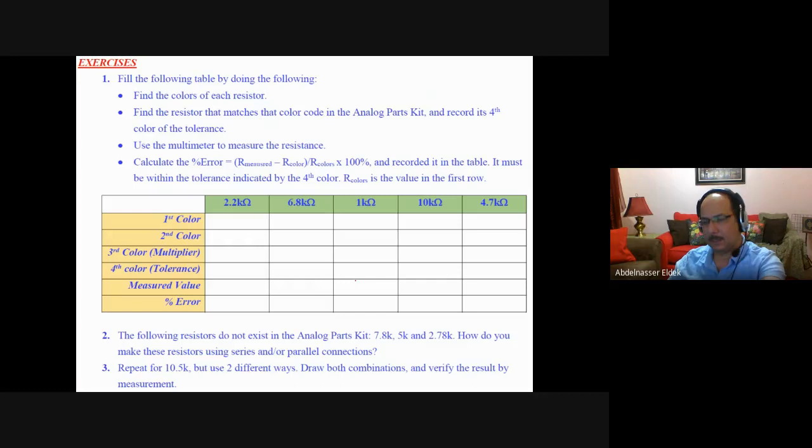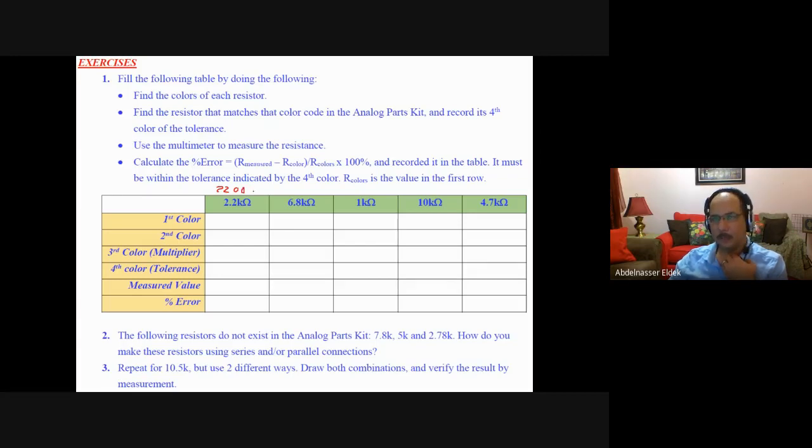Okay, so now let's go to the next slide. The next slide is the exercise. First, we need to find the resistors in this table. And then try to measure them. So for example, if you look at 2.2, what's 2.2? It is 2, 2, 0, 0.